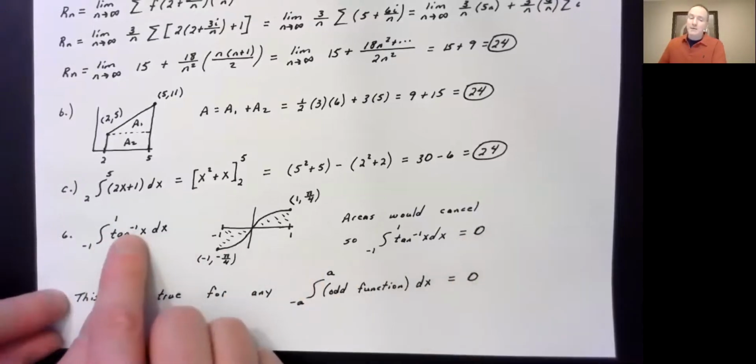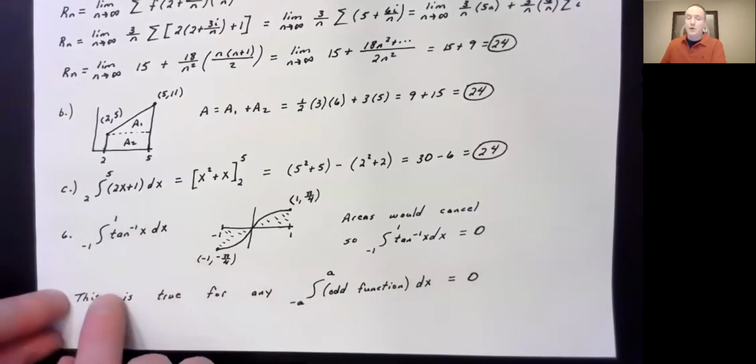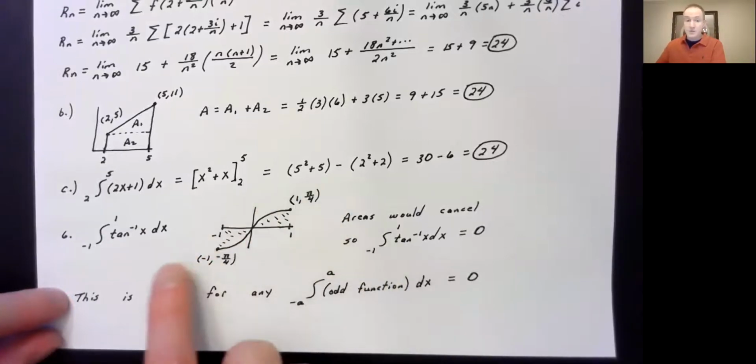Now, instead of just limiting us to think about that inverse tangent function in here, what I would like you to be thinking about is that if this were any odd function, it could be a cube root, a fifth root, any odd root, or any odd power, like an x cubed, an x to the fifth, an x to the seventh. Clearly, an inverse tangent is an odd function. If you have any odd function, remember, odd functions are symmetric with respect to the origin.